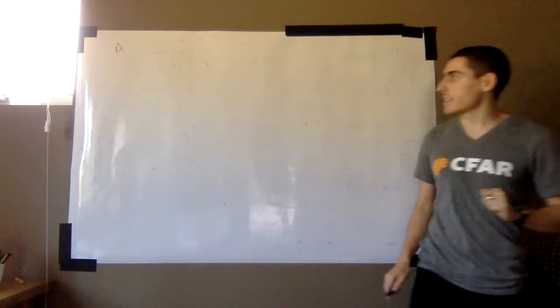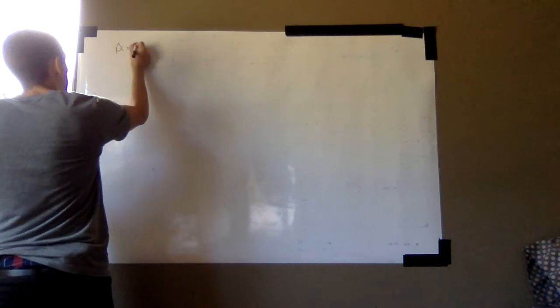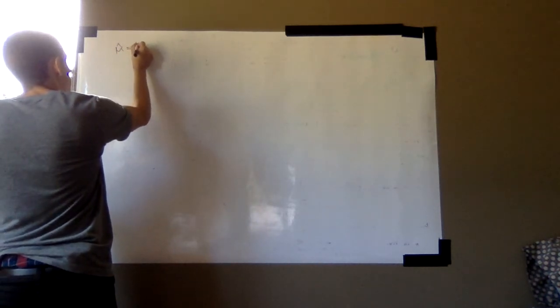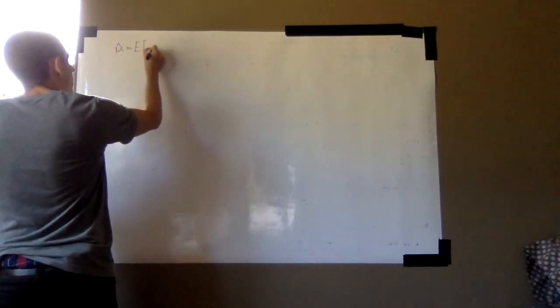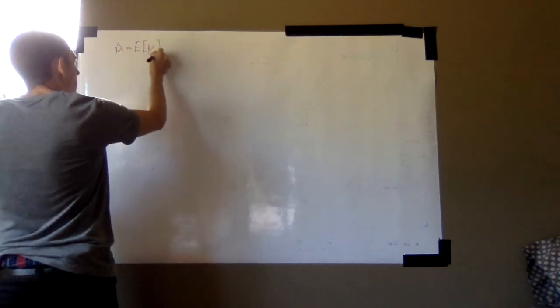Now, it is an unbiased estimator, meaning that the value of mu hat is equal in expectation to mu, or just the population mean.